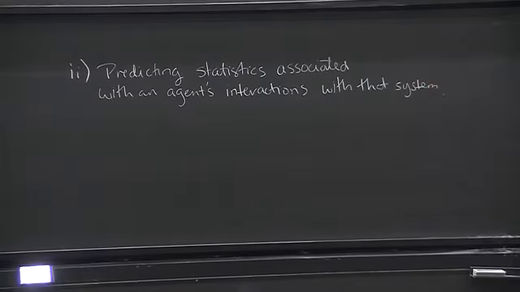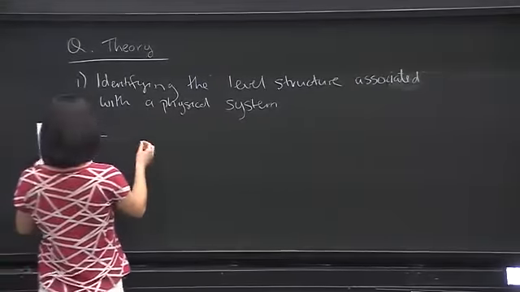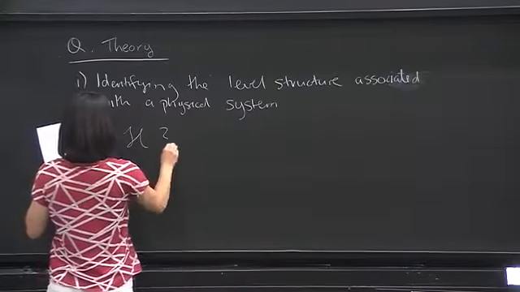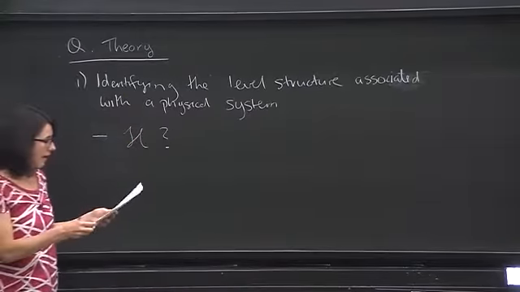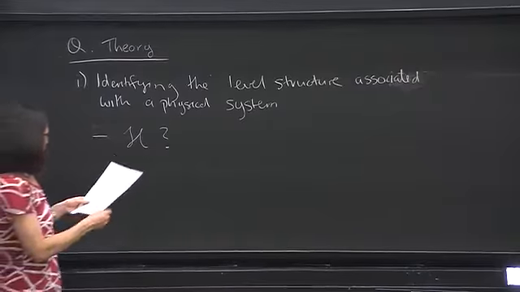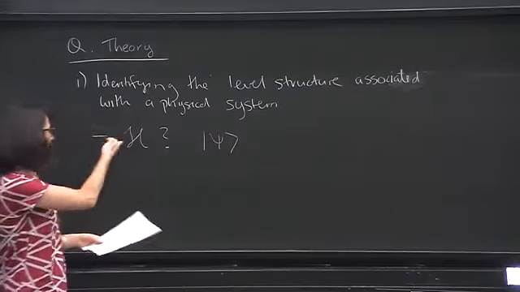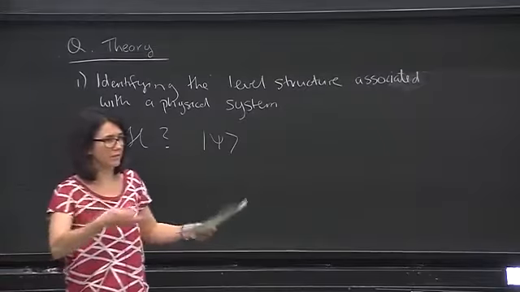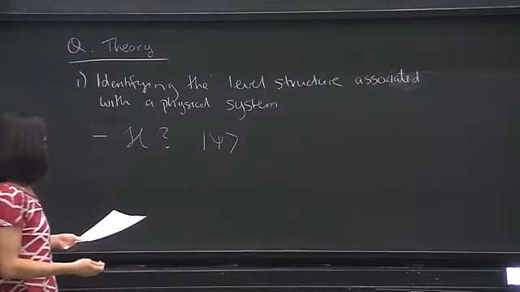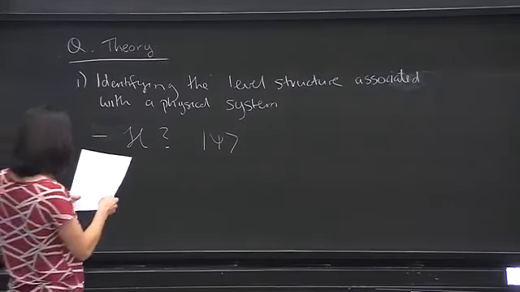So in the first category, we would have things like which Hilbert space is appropriate to describe a particular physical system. So what is the Hilbert space? And related to that would be what is an appropriate vector, or appropriate state, to describe the actual state of that physical system.